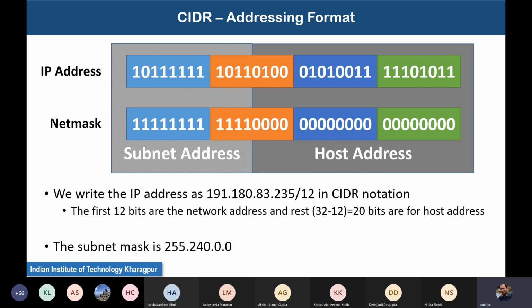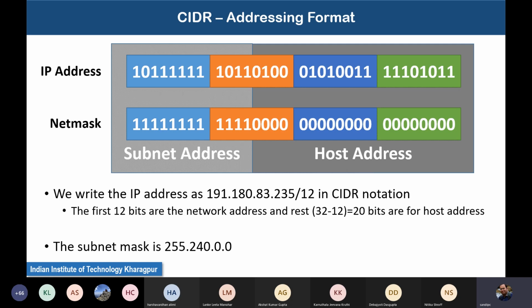So the network IP of that subnet will be 10111111.00000.0000000.0000000.0000000. So that is going to be the network IP. This is the way we represent it when we do this bitwise operation.